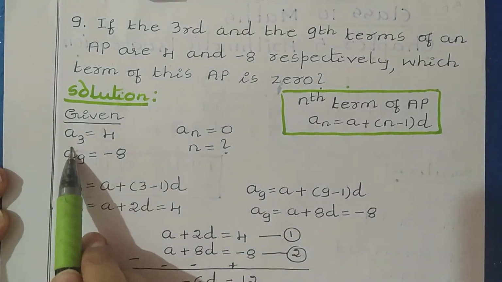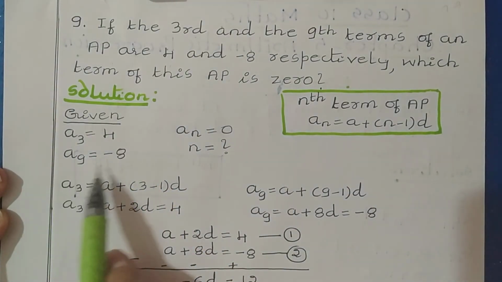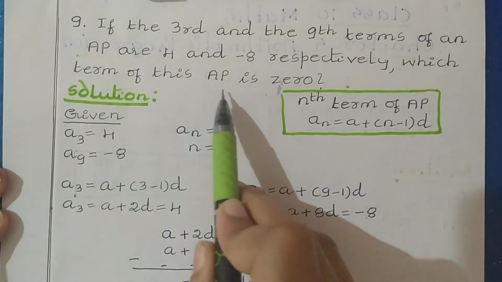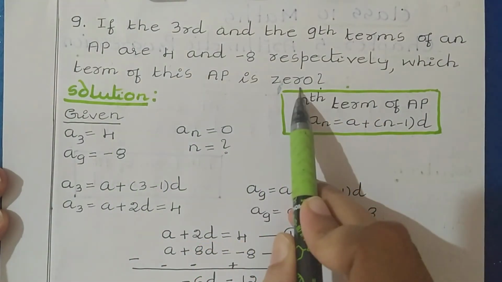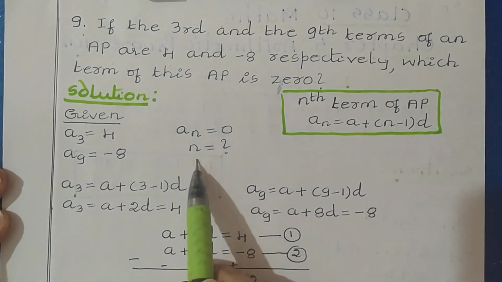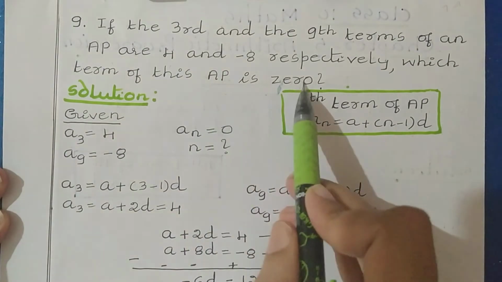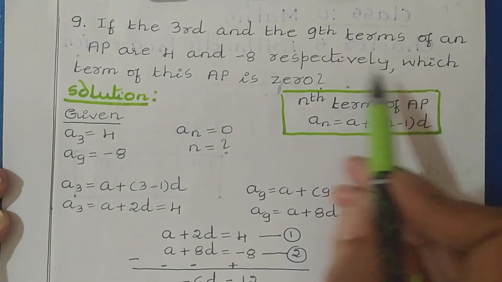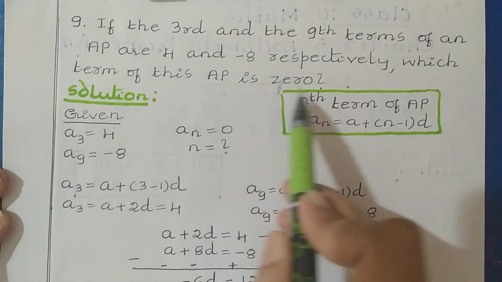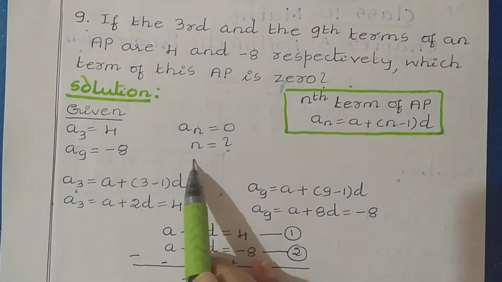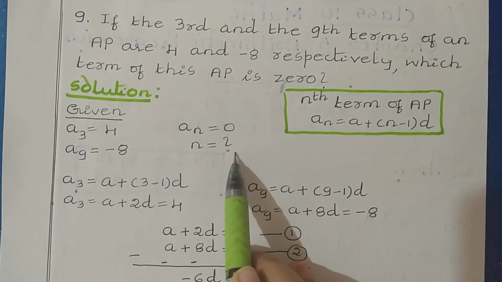So, a3 is equal to 4, a9 is equal to minus 8. Which term of this arithmetic progression is 0 means here we need to find the value of n, and they have given an is equal to 0.